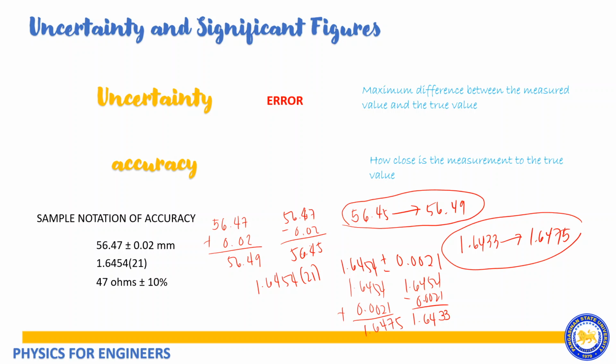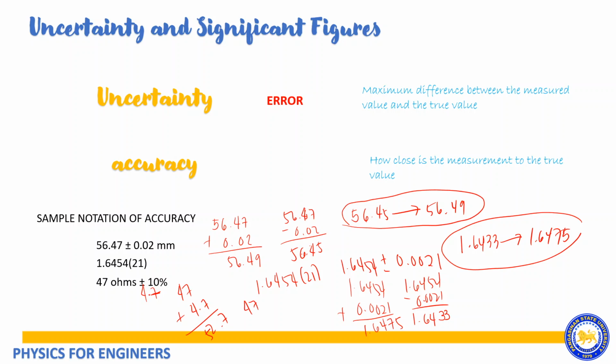Pag sa percentage naman, pwede rin. So, ibig sabihin, kukunin mo muna kung ano yung 10% ng measured value. Dito, 4.7 ang 10%. Okay? So, ano mangyayari? 47 plus 4.7, that is 51.7, 52.